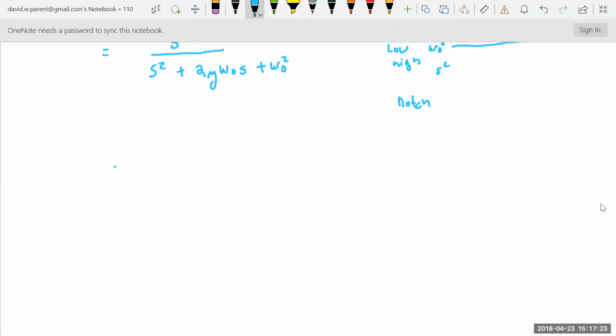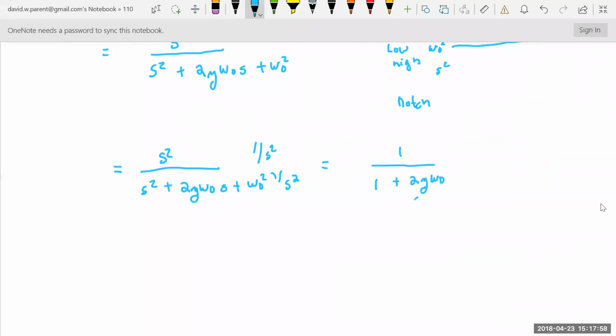So let's just do this in the shorthand way, right? You wouldn't have done this on the exam. You would have just used the constants, right? So let's divide by the highest order of the polynomial in the denominator, which gives us 1 plus 2 zeta omega naught divided by s plus.